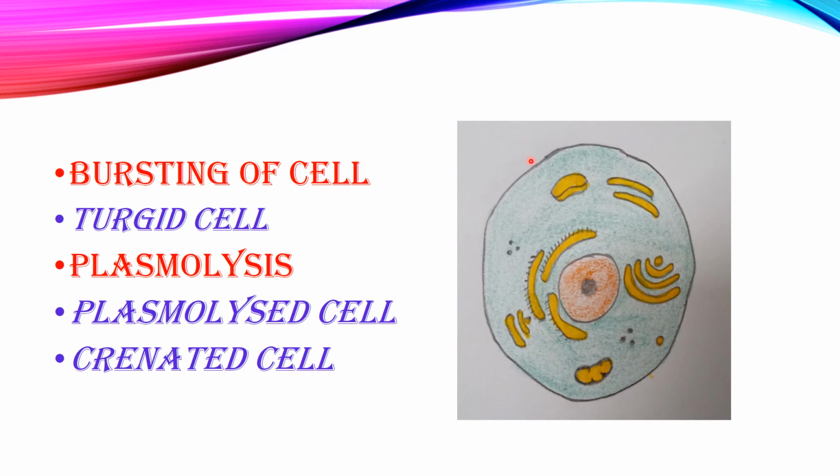But what happens in a plant cell? There is an outermost cell wall present in the plant cell. When the cell swells up, we call that cell a turgid cell.